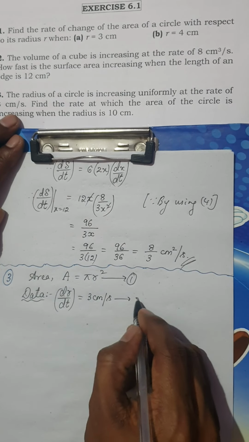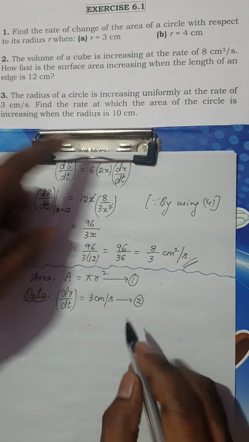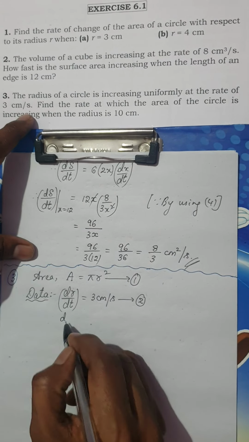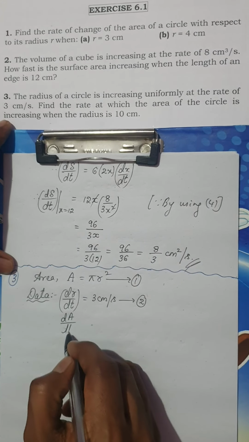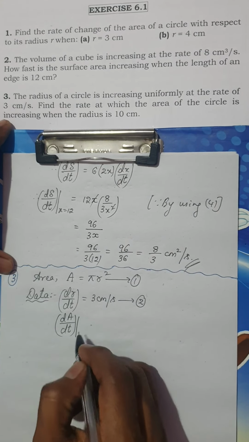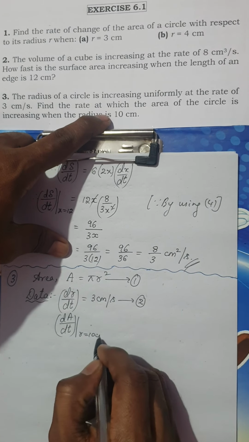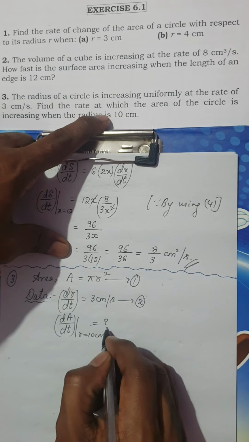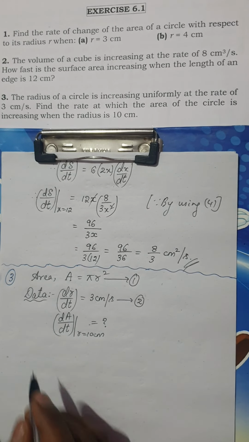You can take it as equation 2. What do you have to find out? I have to find out the rate at which area is increasing. So dA by dt when the radius is 10 centimeter. This is what I have to find out. Is it clear? Now let us go on with the procedure.